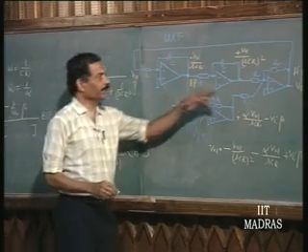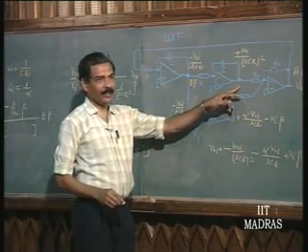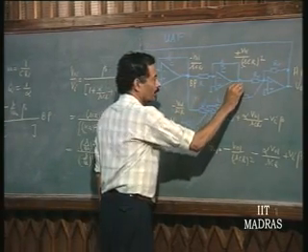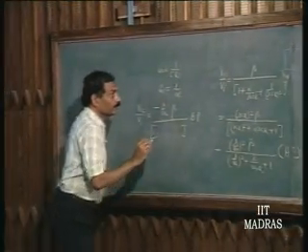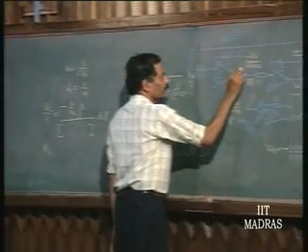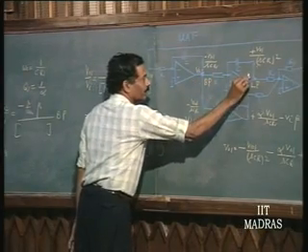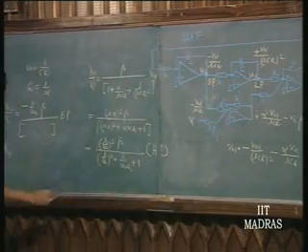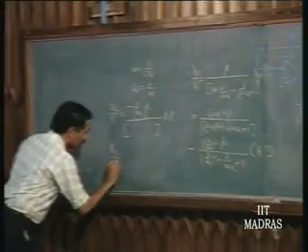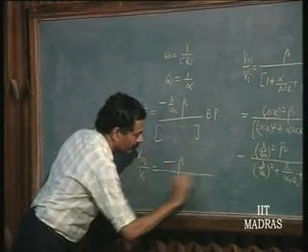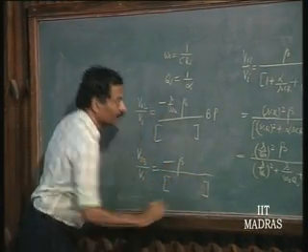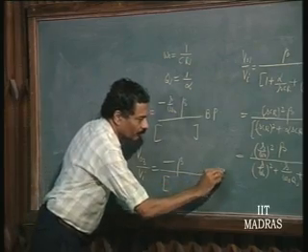and again if you integrate this you will get low pass, which is V naught 3. This will be V naught 2, this will be V naught 3. So, V naught 3 by Vi, which is again minus beta divided by the same denominator, which is low pass.